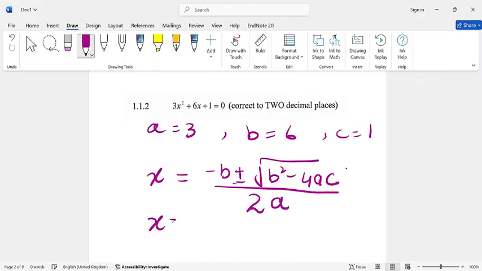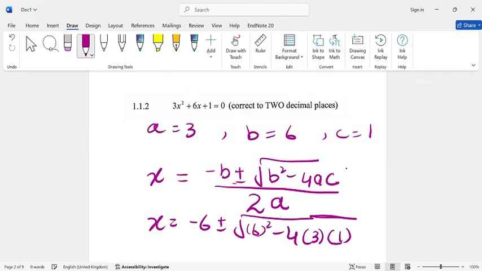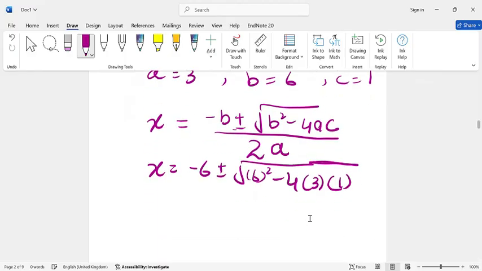So we have x equals minus 6 plus or minus the square root of 6 squared minus 4. The value of a is 3, and the value of c is 1. I just put the values over here, and divide by 2 times 3.